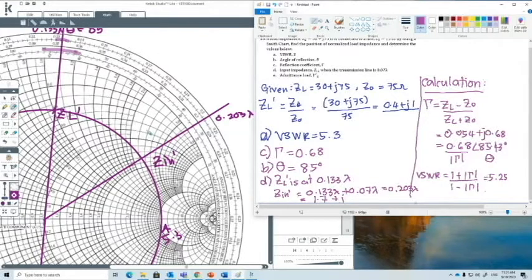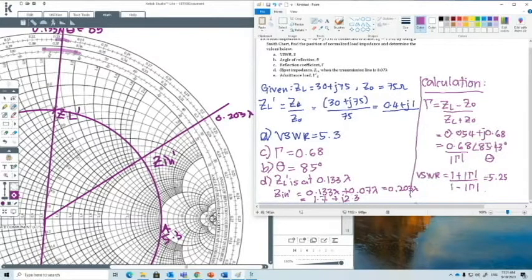So J, tengok pada curve here. Naik ke atas. This one is 2, 2.2, 2.4, so around 2.3. So plus J 2.3. So this one is Z in prime.